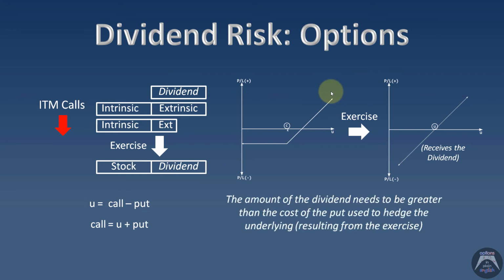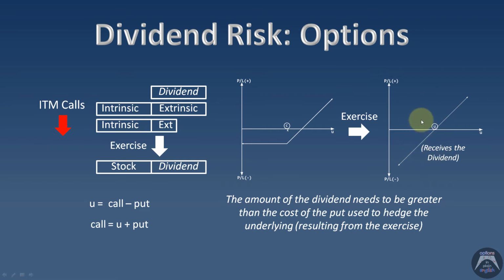So now we have the first conclusion that we can deduce from this exercise. The amount of the dividend that's coming up needs to be greater than the cost of the put used to hedge the underlying, resulting from the exercise. So basically, when you have a call and you turn it into stock, you need to add the put, and then you have the same position.